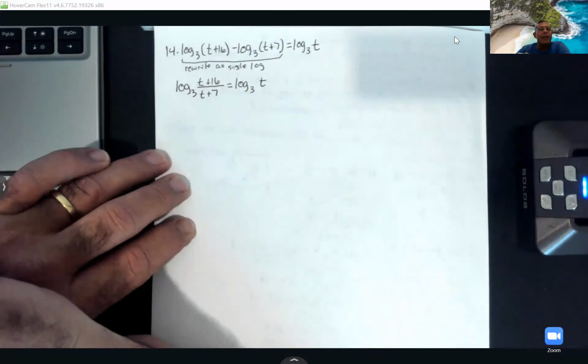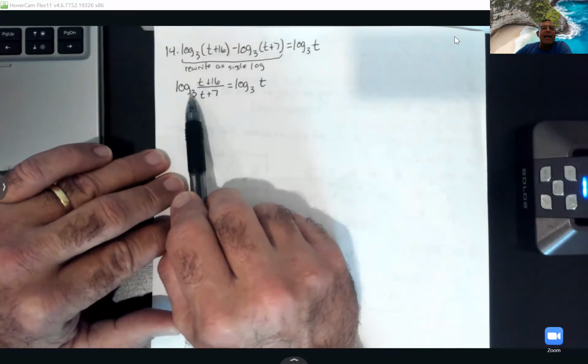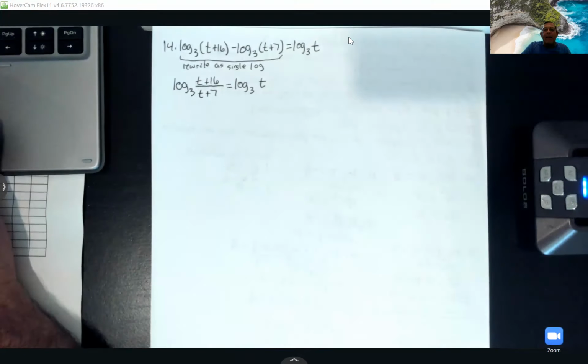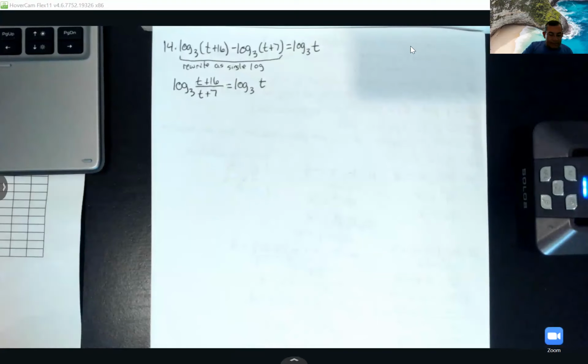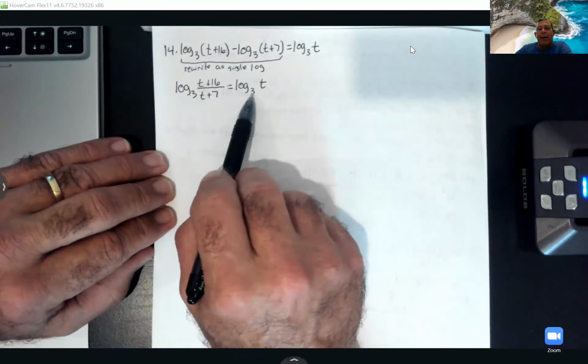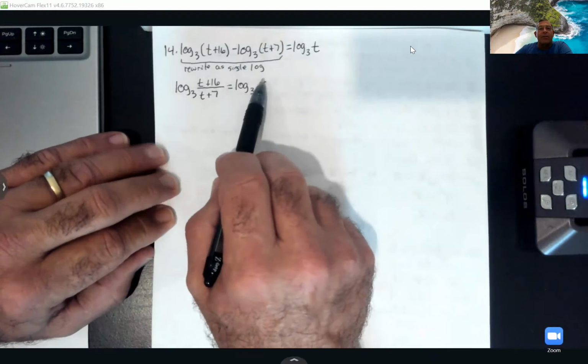So look at this. I got a log base 3 on the left side equal to a log base 3 on the right side. That means since I got a log equal to a log, this result equals that result.